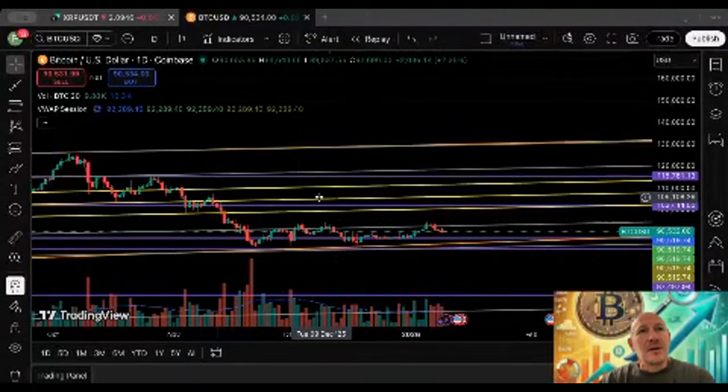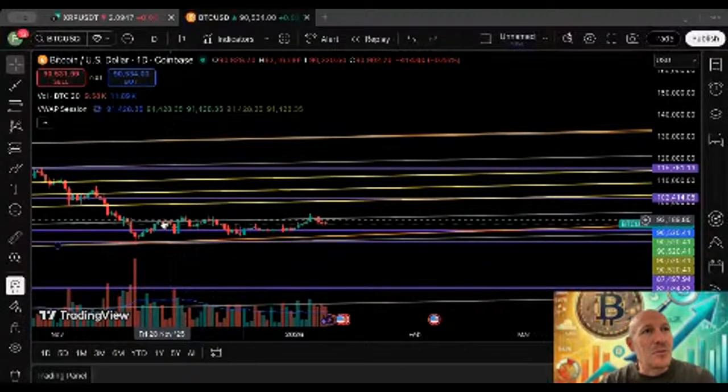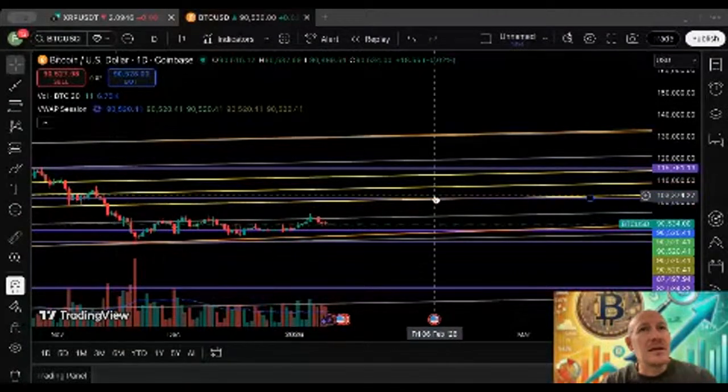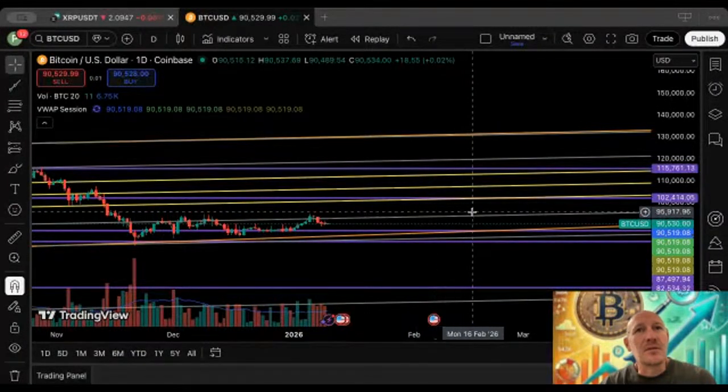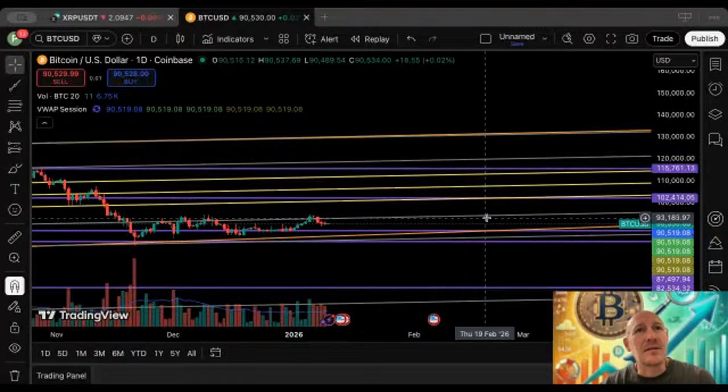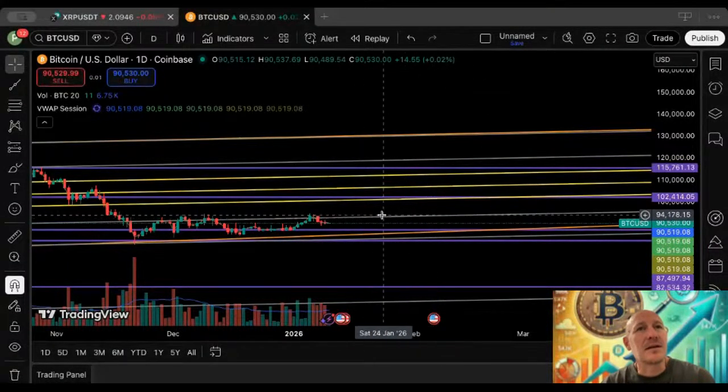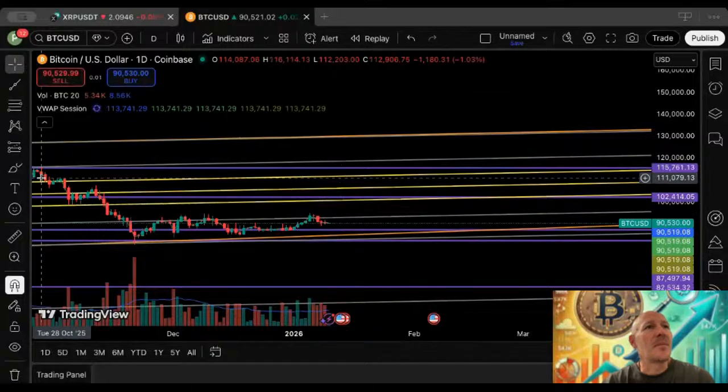And now it cannot get above this level right here, this gray level.